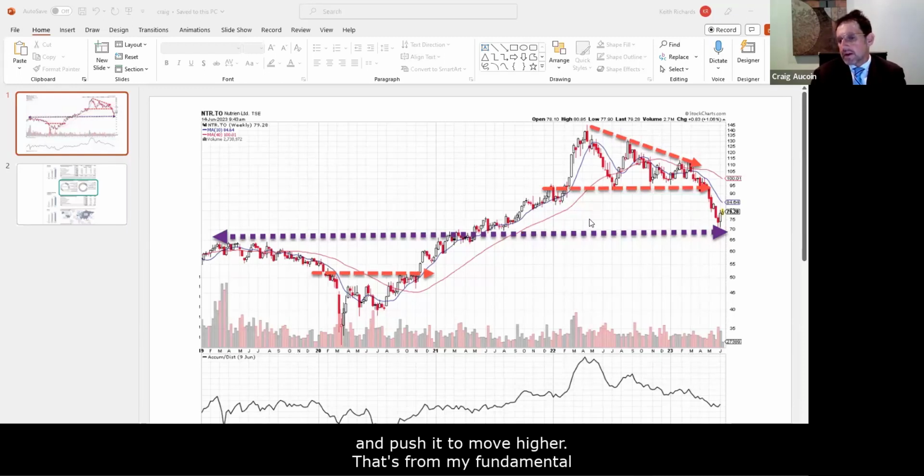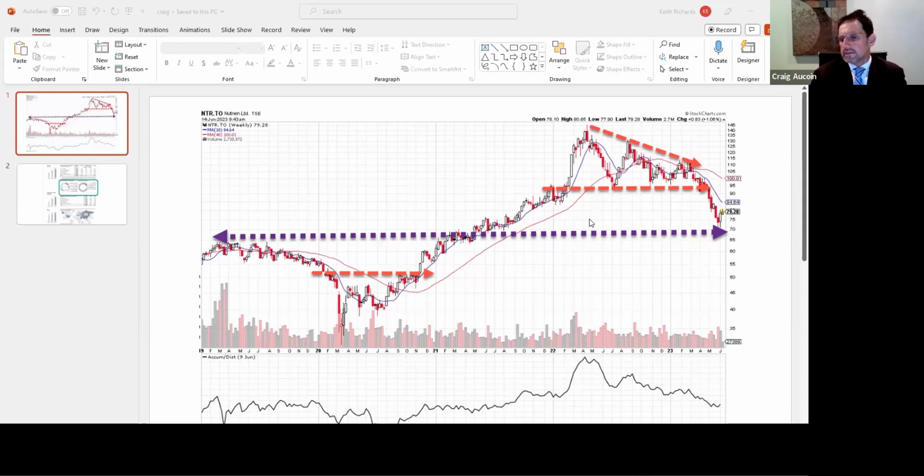That's from my fundamental belief that it's not a huge change in strategy, or a new monster move higher or change in the company's direction, but it's something positive to give it maybe a move to the top of the range and that level.